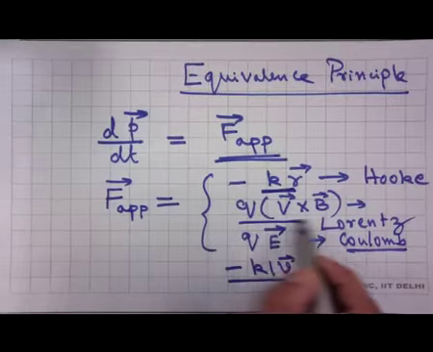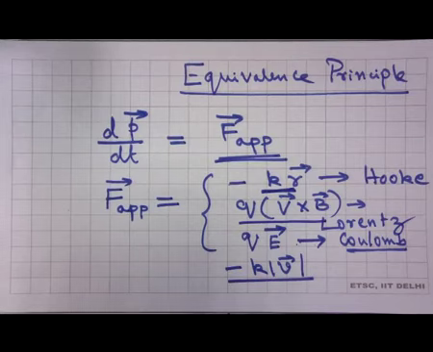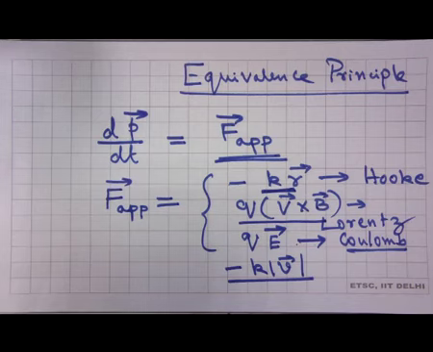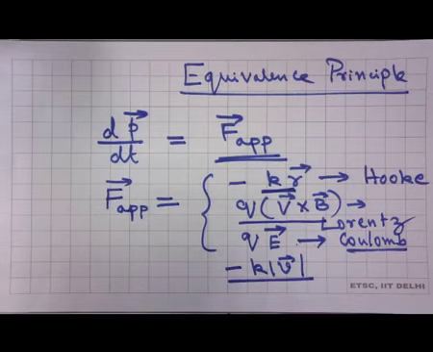Whereas, if you have a uniform magnetic field, the Lorentz force is sensitive to the velocity and not where you are located. Of course, if your magnetic field also changes with position, if it is an inhomogeneous magnetic field, then this force is sensitive to both velocity and the position.